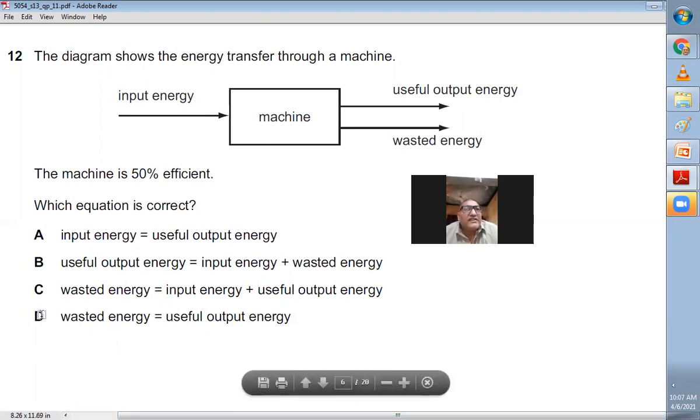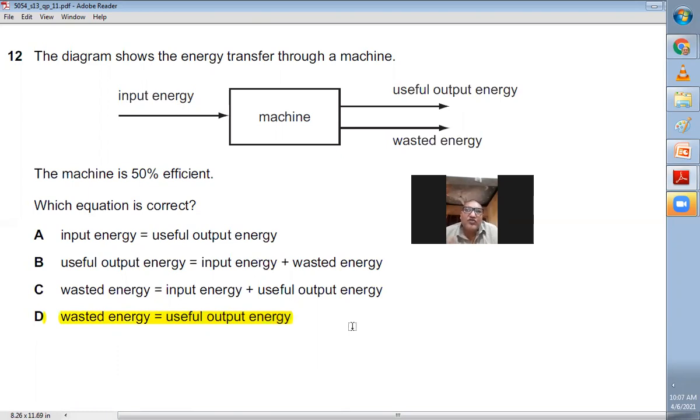So I think D is the right answer. 50% efficient means that 50% of the energy will be wasted and 50% will be useful output. Question number 12, D is the right choice.